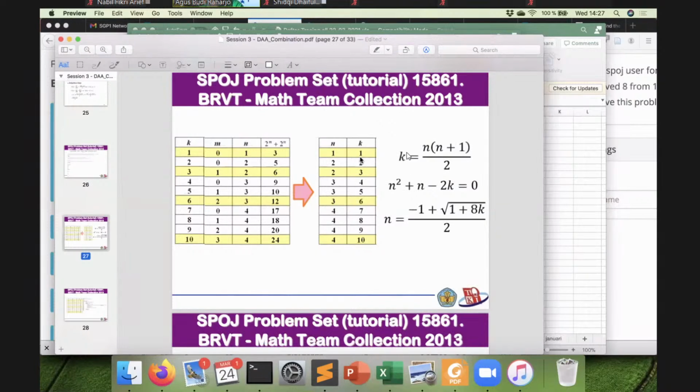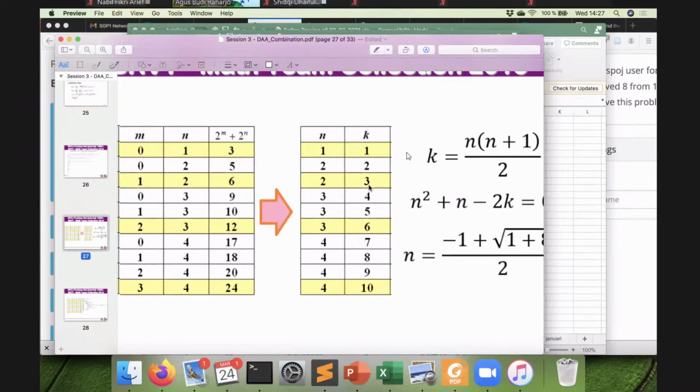You see over here, we will use the ceiling, to define the number of... firstly we have to find n, and n over here with this pattern.